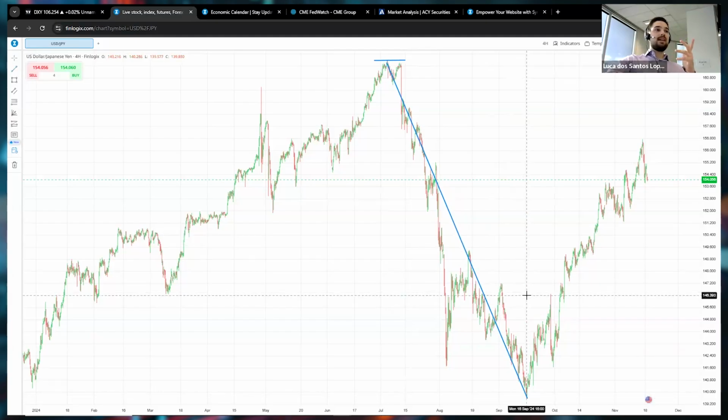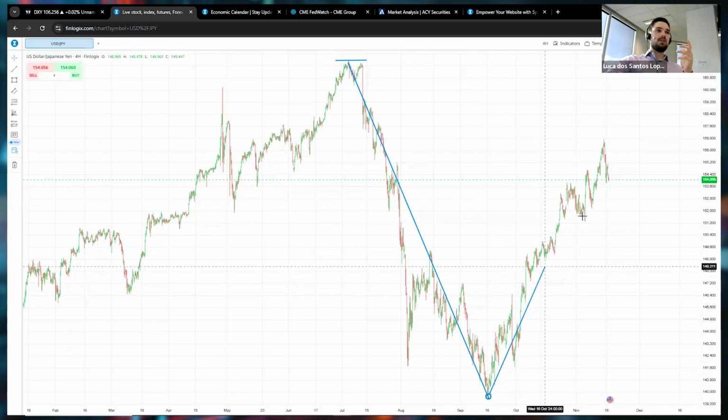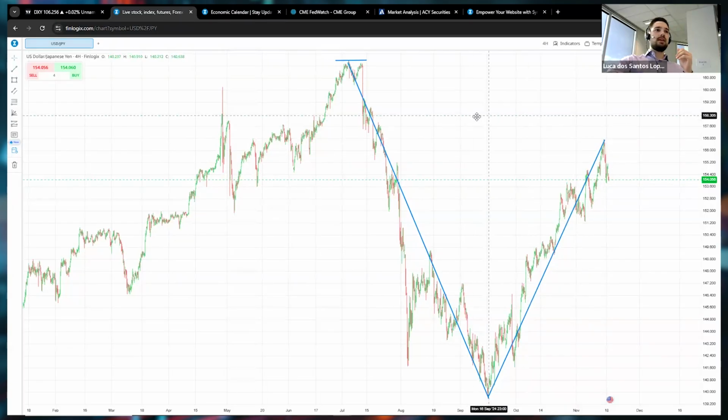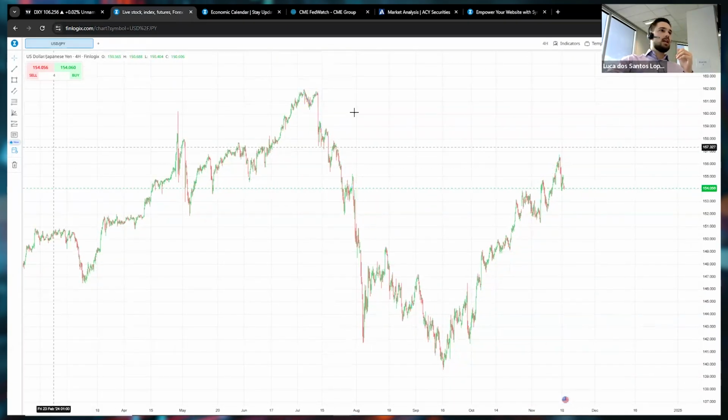But since then, they've lost momentum, and the Bank of Japan has been much more cautious about monetary policy. Since September, the Japanese yen has been struggling to get back in front of the US dollar. If we look at this move, there are some really good opportunities here, but what should we expect from now forward?